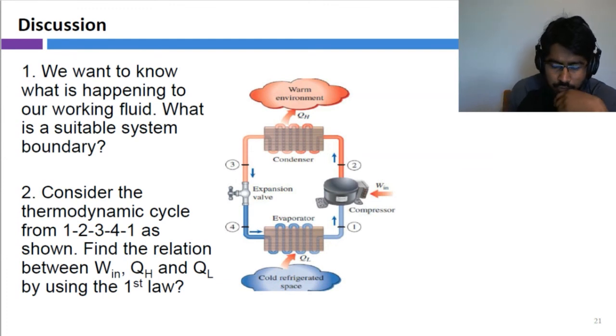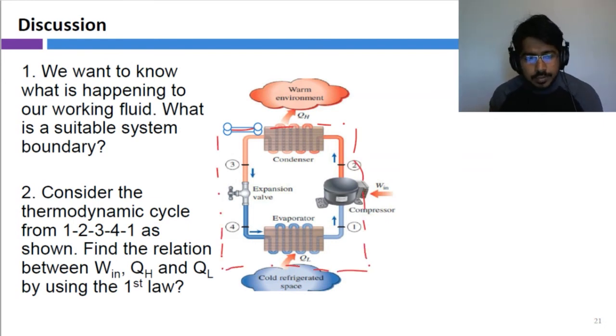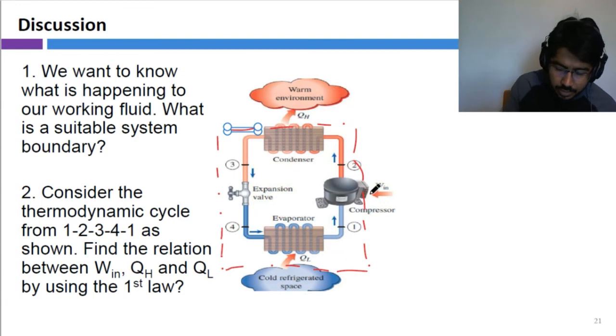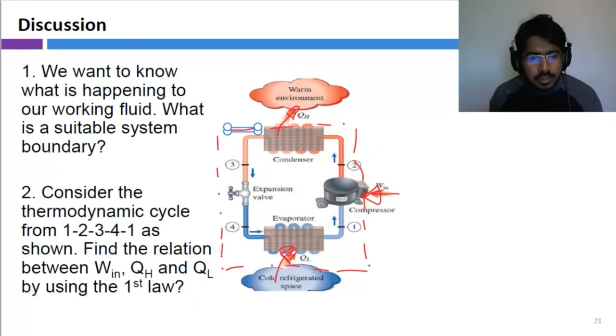The steps, okay. So would it be appropriate for us to draw a system boundary like this? We can do that because there's work coming into the system, crossing the boundary, and heat that we emit crosses the boundary, and there's a heat absorbing that adds heat into the system, right?